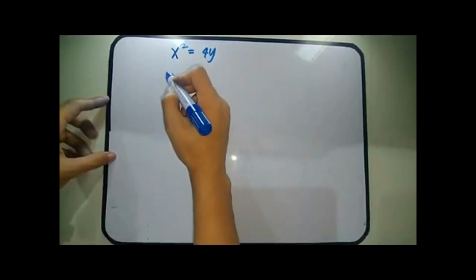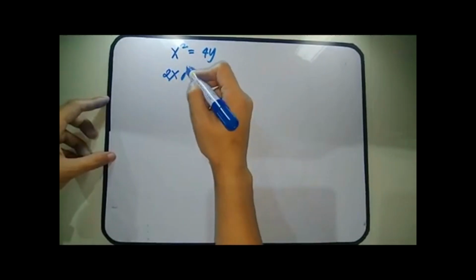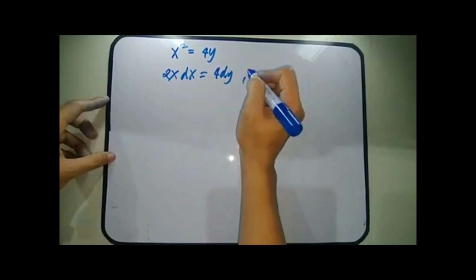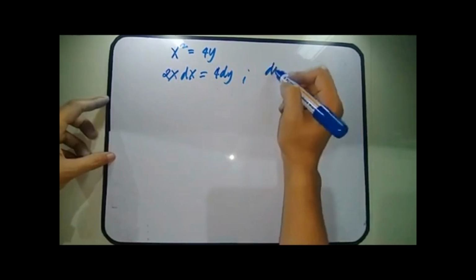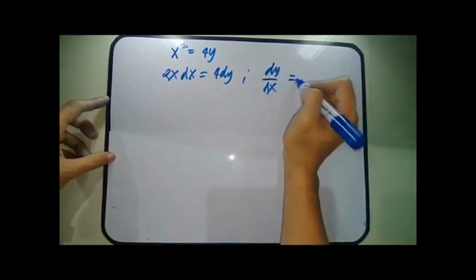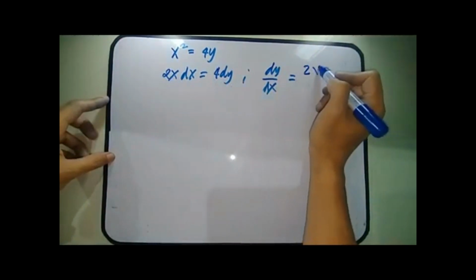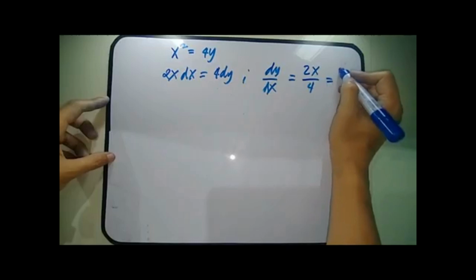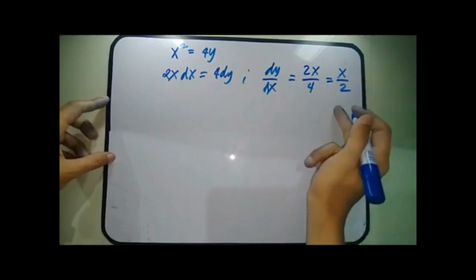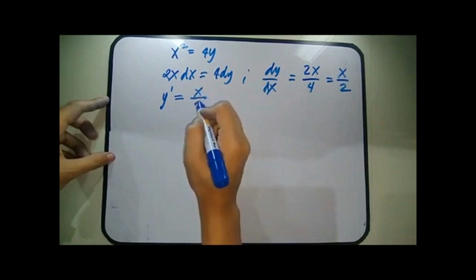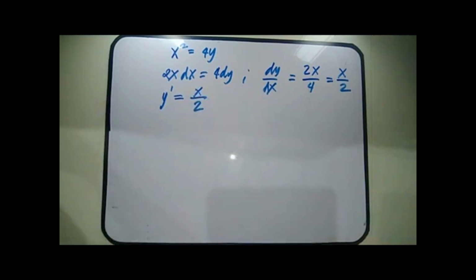So we differentiate both sides. So 2x differential of x is equal to 4 differential of y. So divide both sides by dx. So differential of y with respect to x is equal to 2x all over 4. Or that is y prime is equal to x over 2. So we have all the elements. Now we can solve this directly.